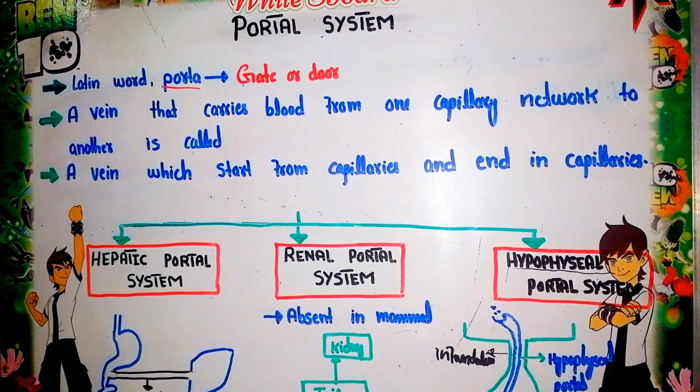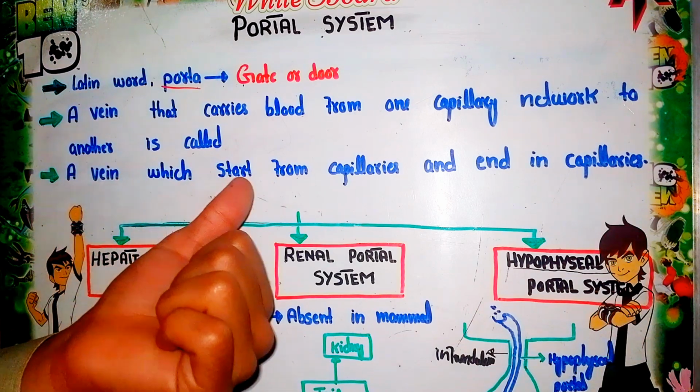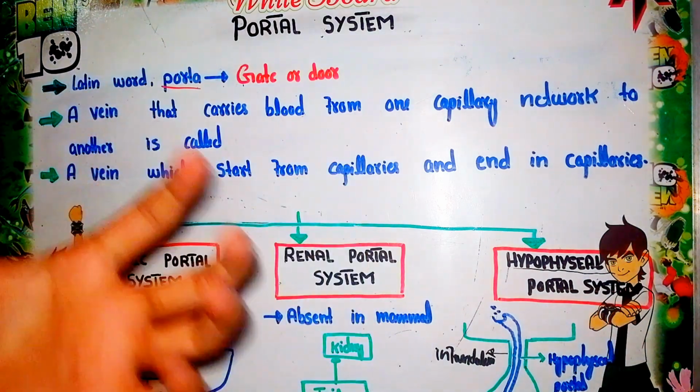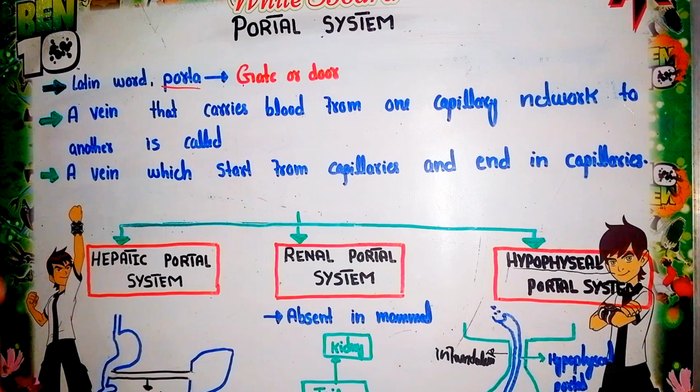Another definition in simple words: the vein that starts from a capillary and ends in a capillary is called a portal vein, and this portal vein forms our portal systems. Basically, we have three types of portal system.